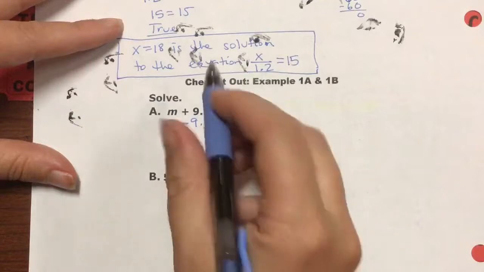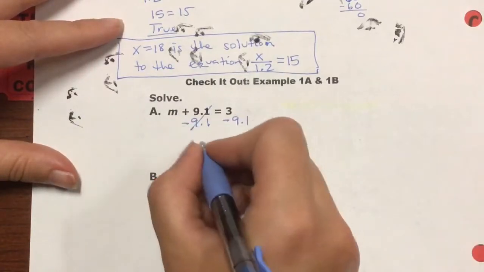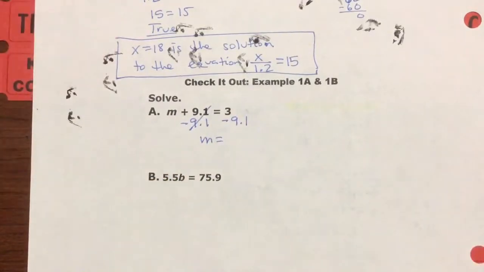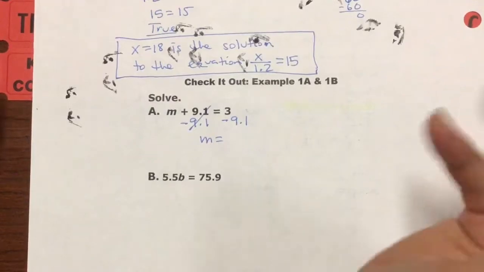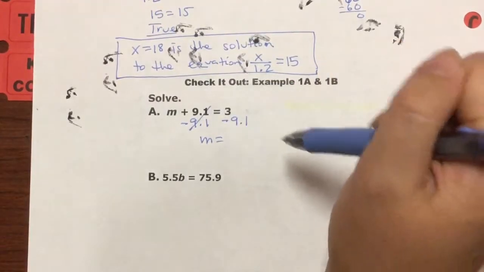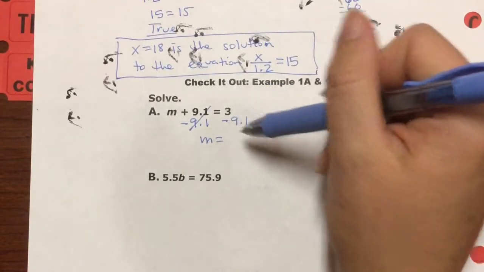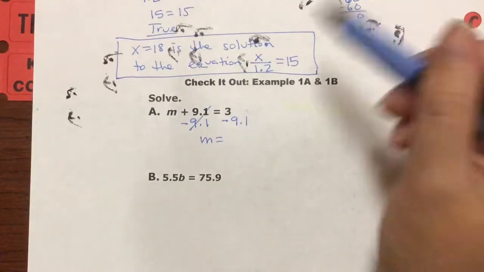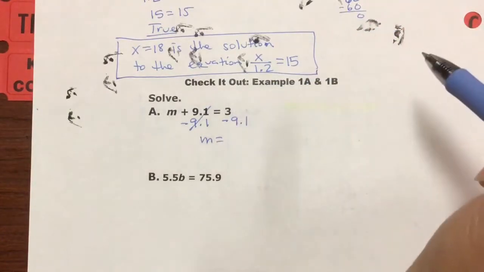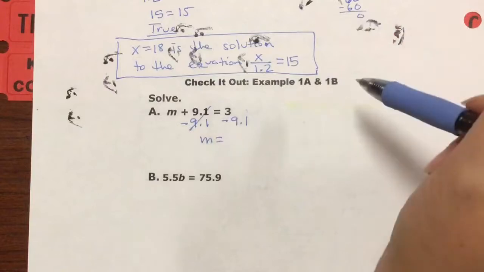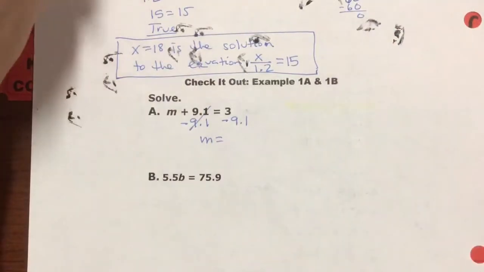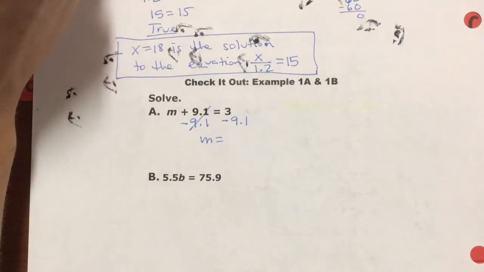Okay, 9.1 minus 9.1 is 0, cancels out, we're left with M equals. All right, so we have 3 minus 9.1. 3 is positive, 9.1 is negative. So what we have is a positive and a negative, and the signs are different. So what we need to do is take the difference between 9.1 and 3. What is it?